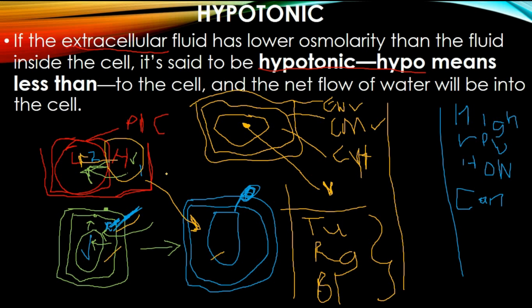Okay, so a plant cell is in a Petri dish. So the water outside of the cell is high in concentration, and the solution that is inside of the plant cell is lower in concentration. Stop there, Asif.